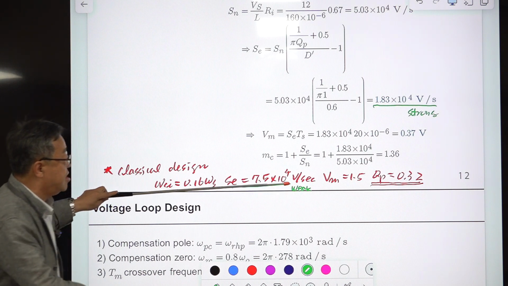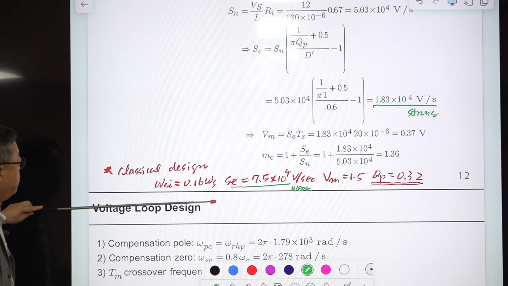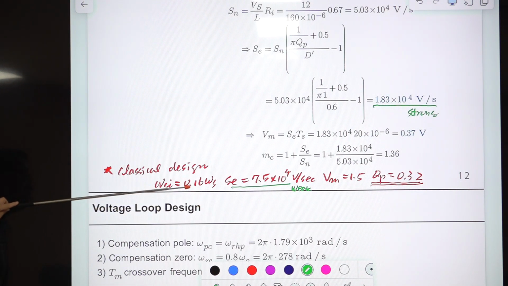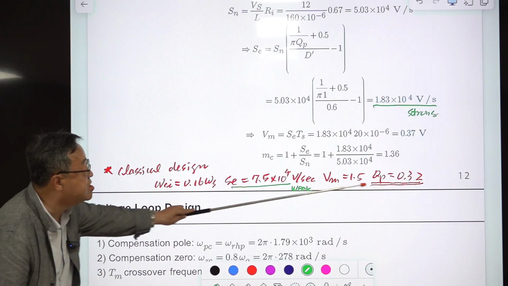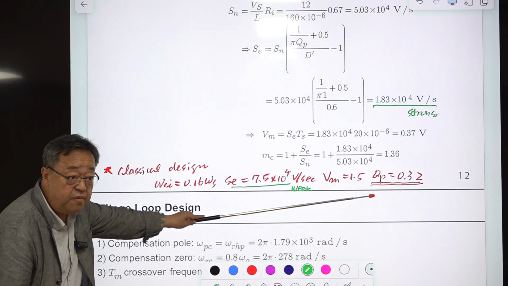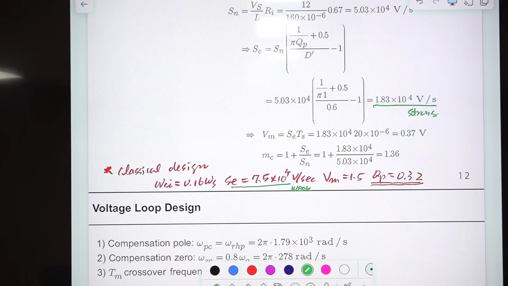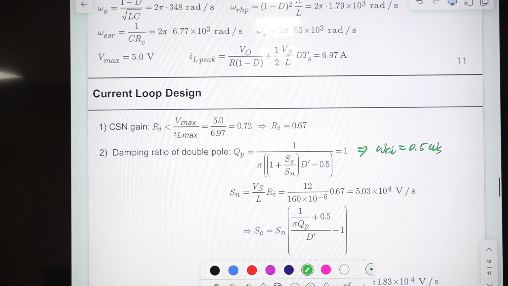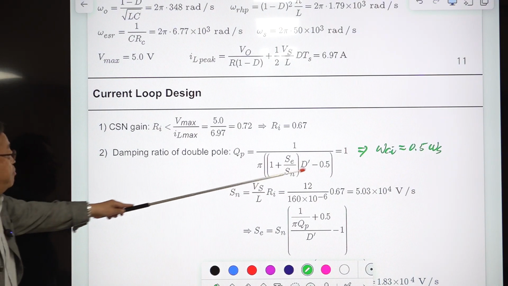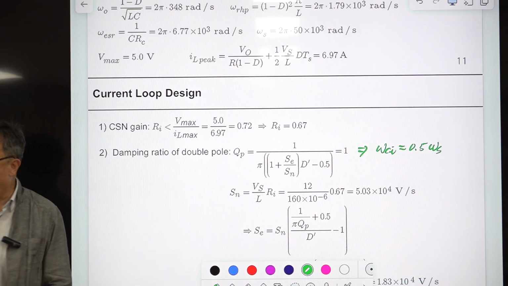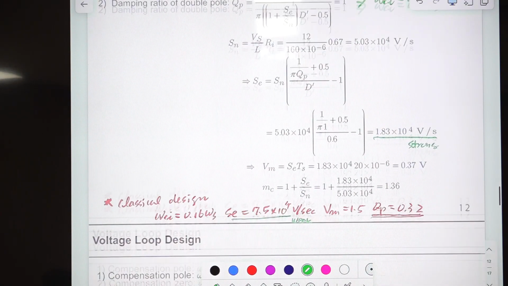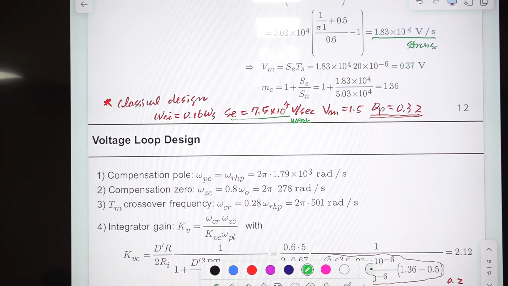And this is the classical design. In the classical design, we select this. That is the same as selecting this in the new design. If in the new design you select this 0.5, then QP becomes 1. But in the previous example, somehow I selected this strange number. That is the same as selecting this.